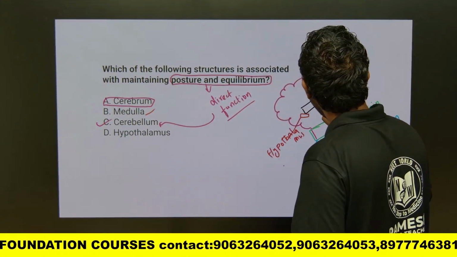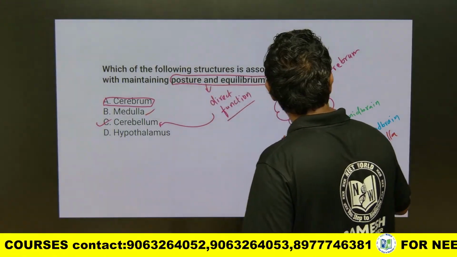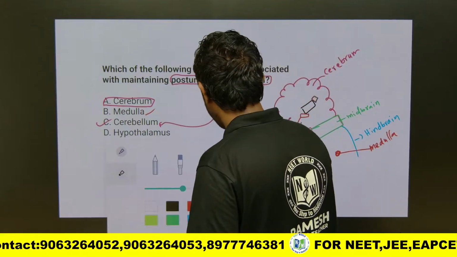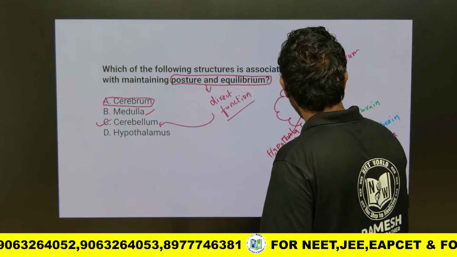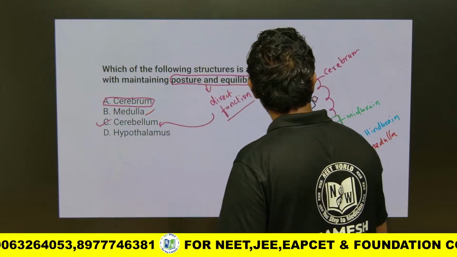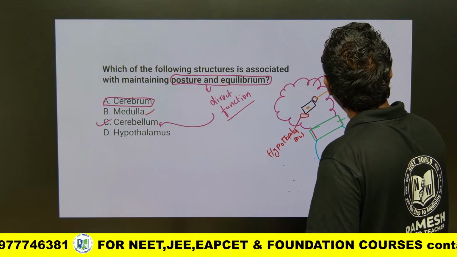This is the epithalamus, thalamus, hypothalamus. Epithalamus means pineal gland.